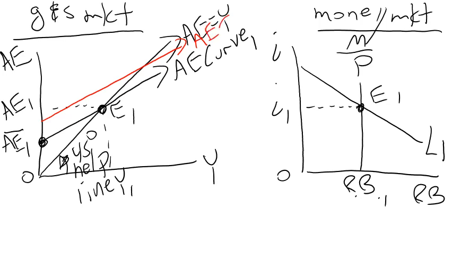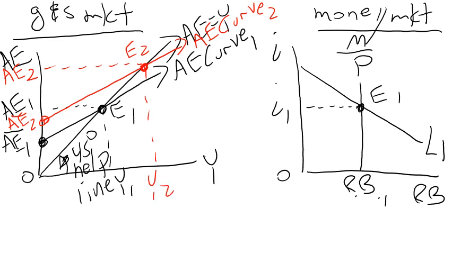Aggregate expenditure curve 2, new equilibrium, new level of autonomous aggregate expenditures, new total aggregate expenditures, and a higher level of GDP.